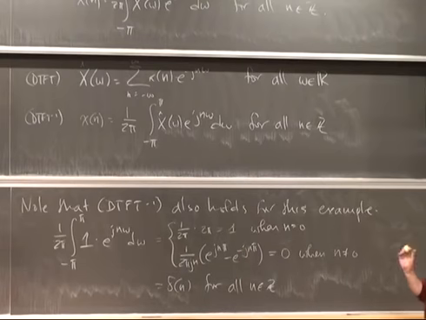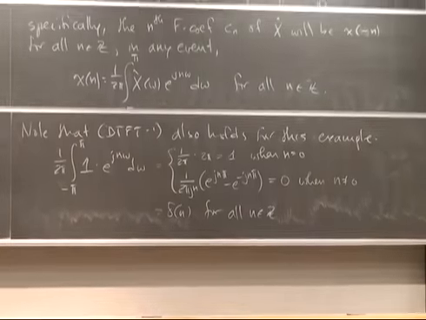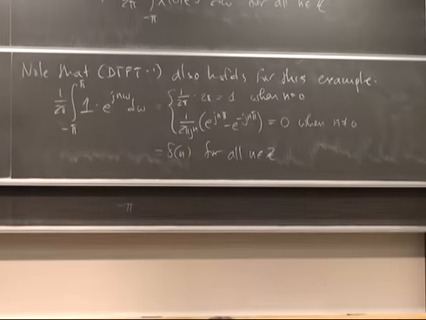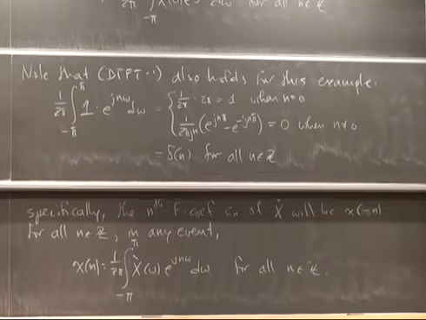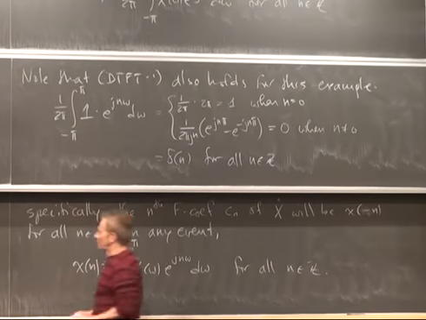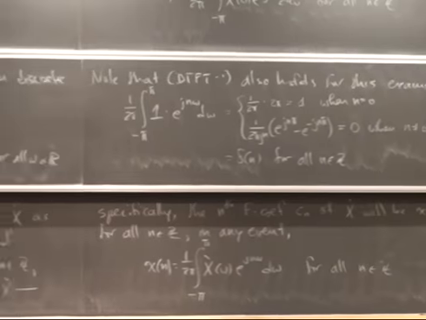Okay, so bottom line, delta in time goes with constant in omega, just as in continuous time. And as in continuous time, we have a sort of bilateral notation to go along with our bilateral definition.